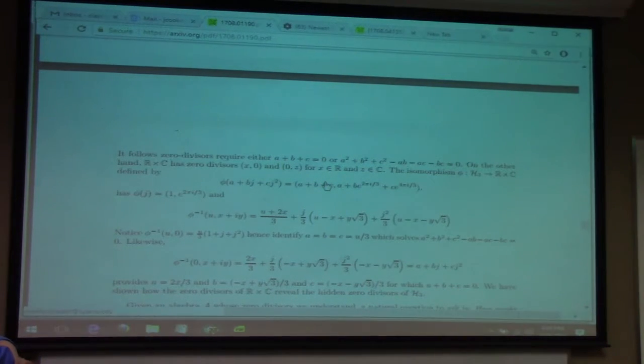So here, that might be a geometric description of what this map means. We did it algebraically, but basically phi of j is that, and the inverse would be this. I don't show how to do that, but that's what it is. Let's see, what did I say? I look at the inverse image of (0, complex number), and that maps to a plus bj plus cj squared.